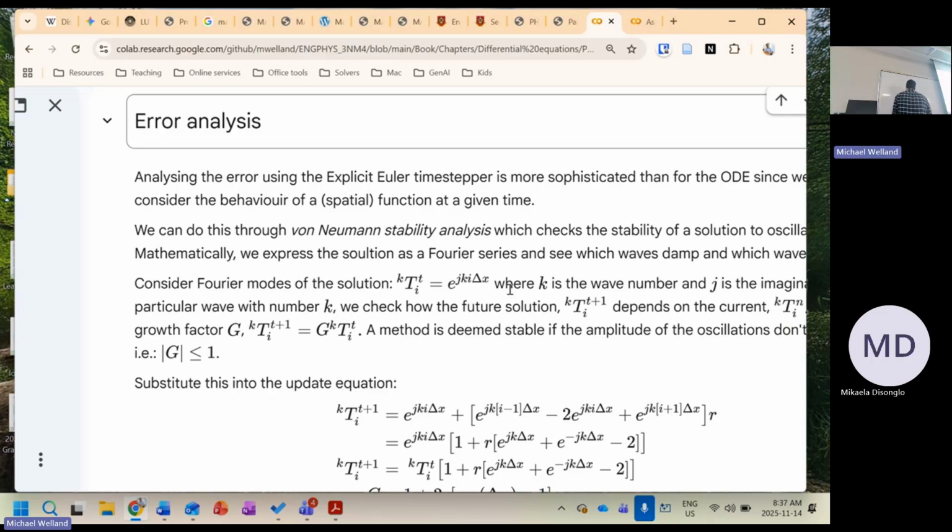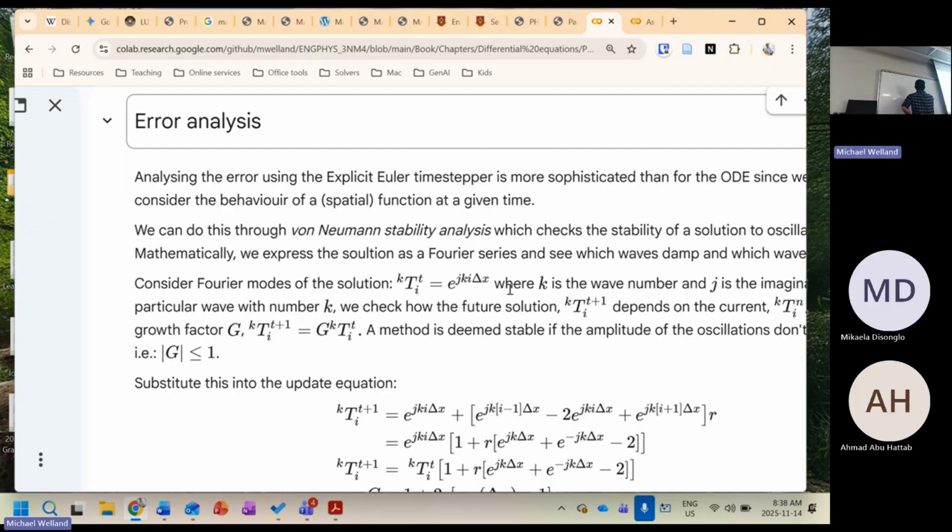The idea is we're going to take one of these temperature solutions, so this is going to be our time at t, and decompose that into some sum of exponentials. Here j is the imaginary number, i is still our index, so this is the imaginary number j times k times i delta x. Okay?